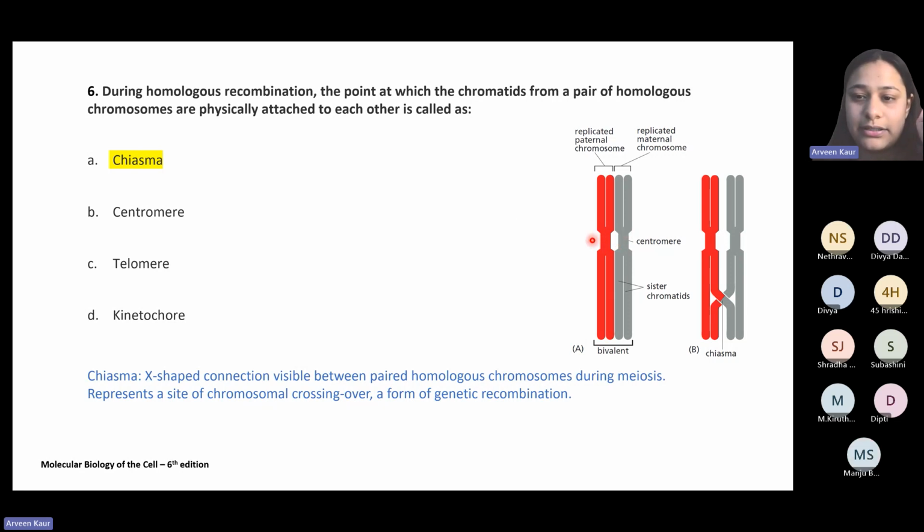It could be the red sister chromatids attached together at this point, known as a centromere, or the gray sister chromatids attached together at this point, also known as a centromere. On the other hand, chiasma is a point of attachment between non-sister chromatids. Sometimes these differences are asked, so for that, I mentioned this. I hope it is clear.